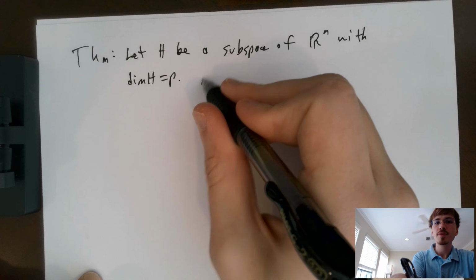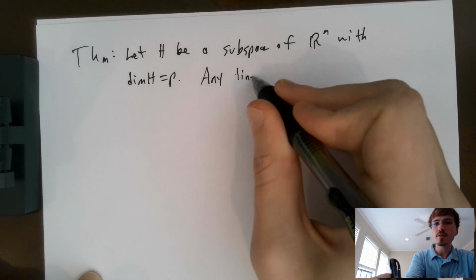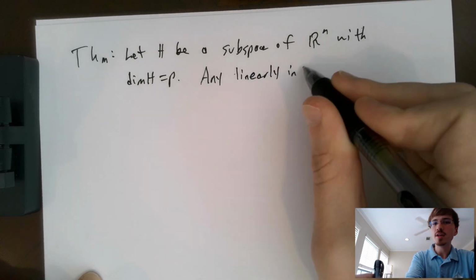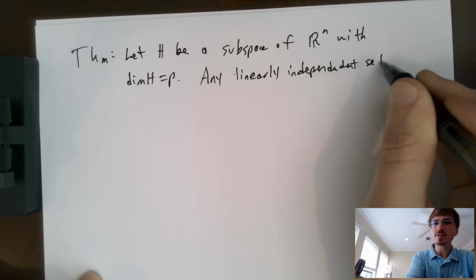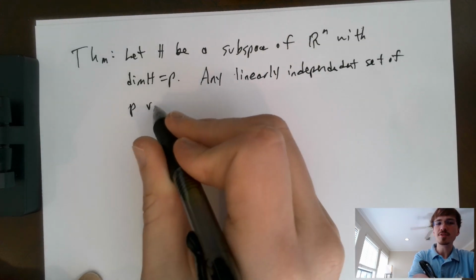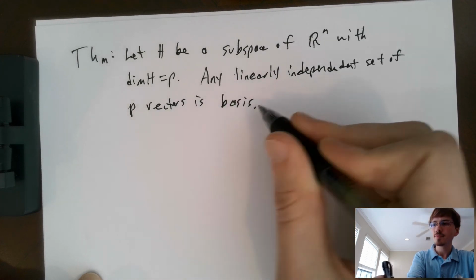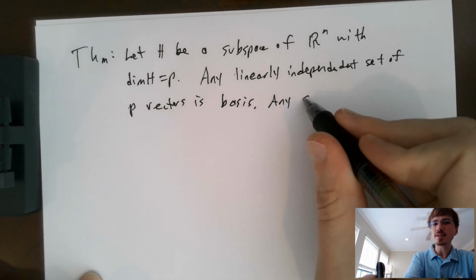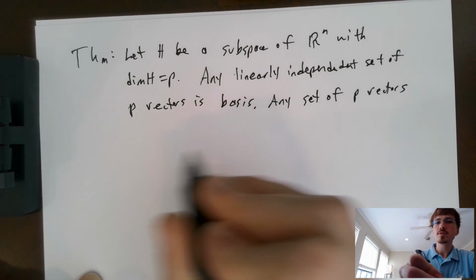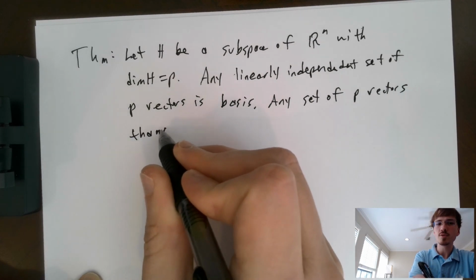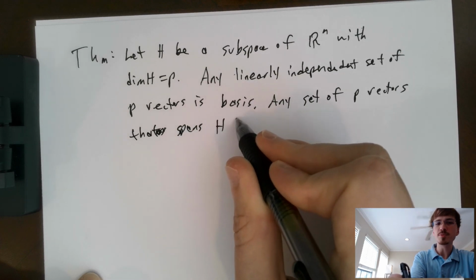Then we know that any linearly independent set of p vectors is a basis. And any set of p vectors that spans H must also be a basis.